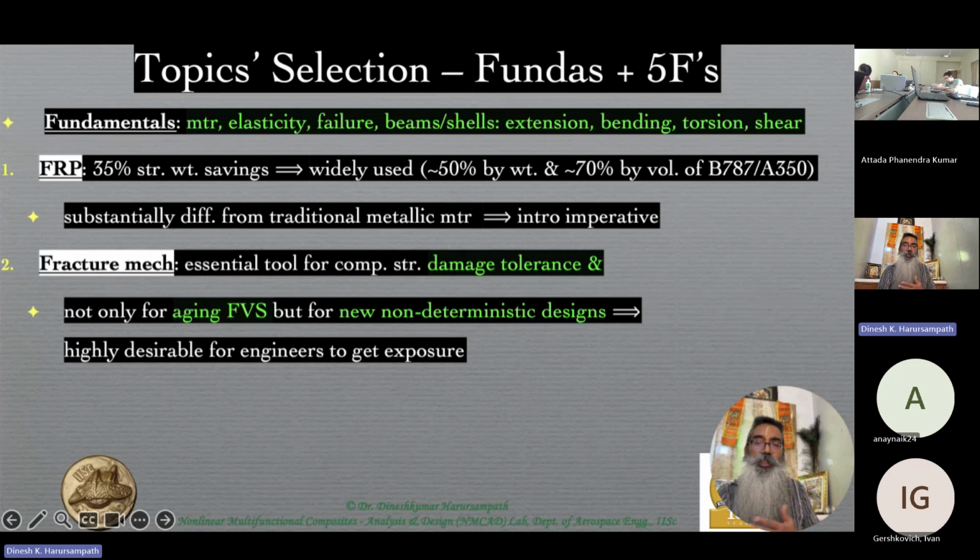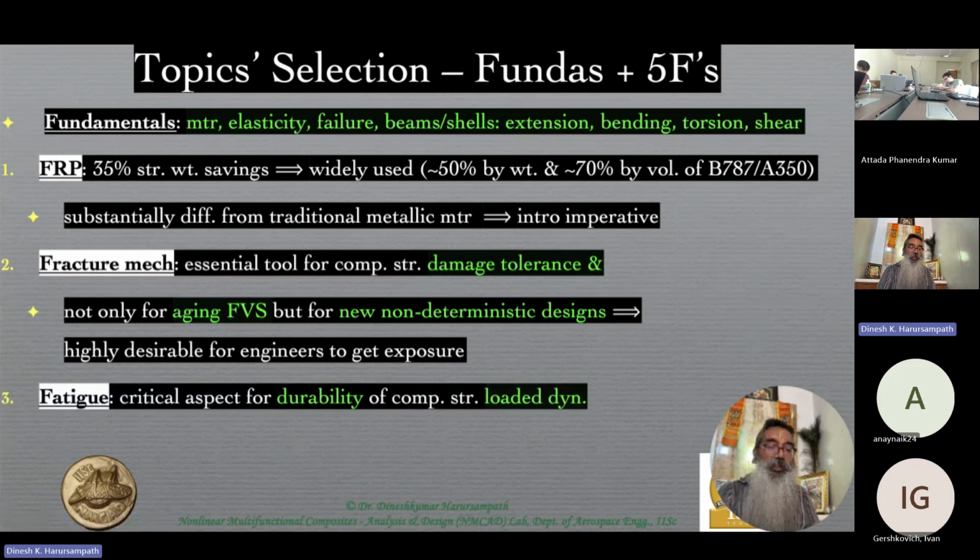I may not be talking much about it in the rest of the course, but just in the beginning I might talk about some of these things so that it's at the back of your mind, and at the end of the course you don't think you know everything about structural analysis. There are certain nuances that will make it tougher, more challenging, but there are ways to handle it. You just need to be aware of that. So it's highly desirable for engineers like us to get an exposure even at the bachelor's level.